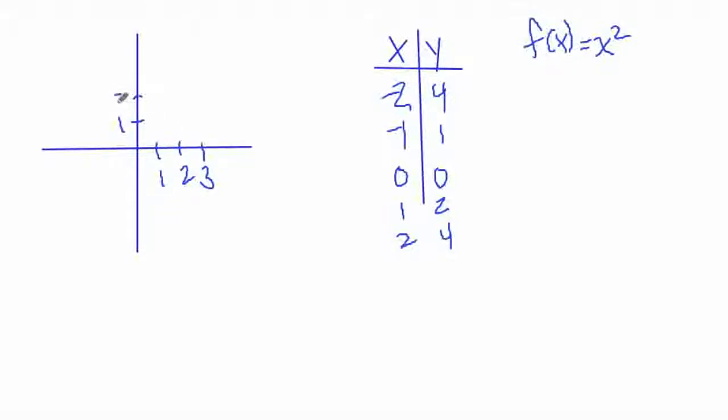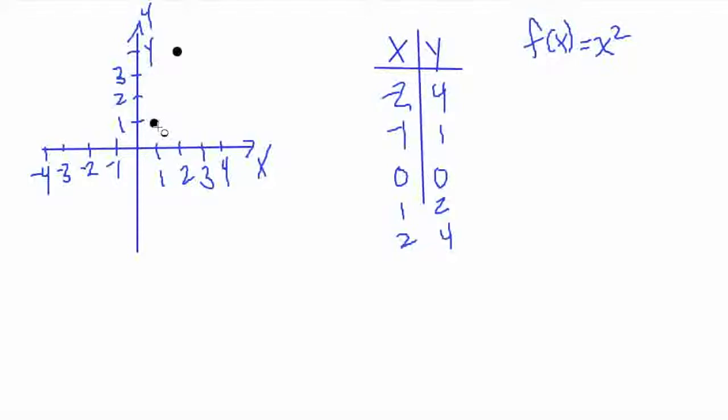And I'm sure you've done this before many times, or I hope you have. Now, ideally, if you wanted to be absolutely sure you had the correct plot, you would of course have to do an infinite number of points.